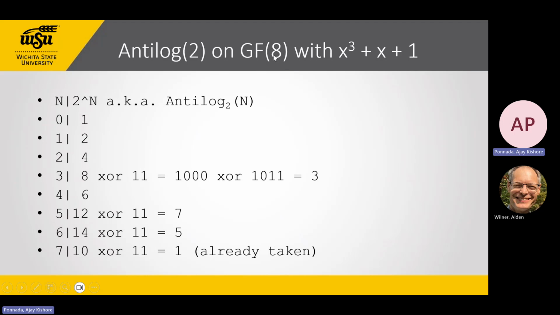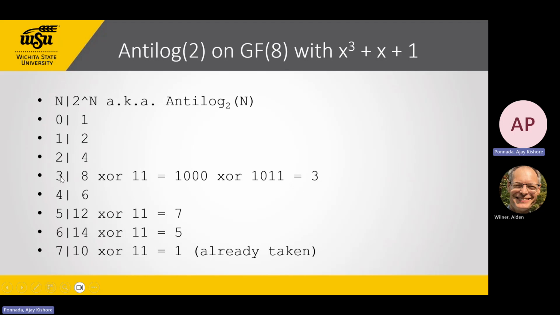If it exceeds 7, we'll just mod it with 11. Why 11? Just plug in 2 in place of x, we'll get 11. So we'll XOR it with 11. So 8 is 1000, XOR 11 is 1011, so 1011 XOR 1000 gives 0011. So it's going to be 3.